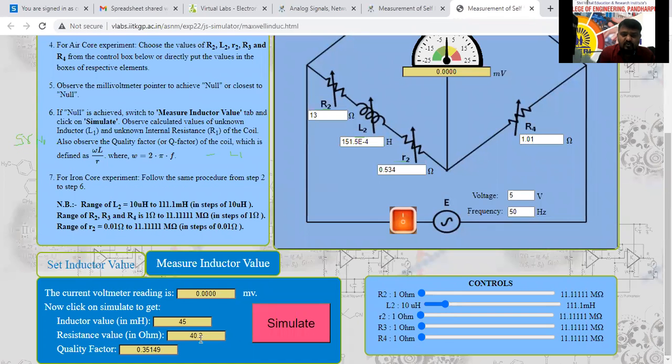The resistance value also 40.2 and the quality factor or dissipation factor we are going to call, that is called 0.35. Like this we have to do for the simulation here. Now we have to do in the virtual lab here. Now you can note down these values and calculate using the formula.